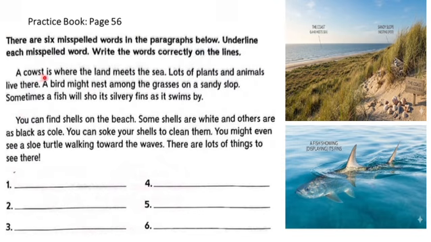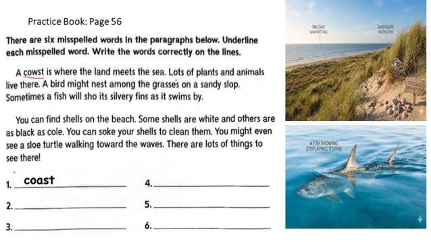Does coast look correct here? No, we don't spell it like that. So now we should correct it. But first, let's underline it. Coast. Here, as you can notice, in the middle you can see OA pattern and not OW.